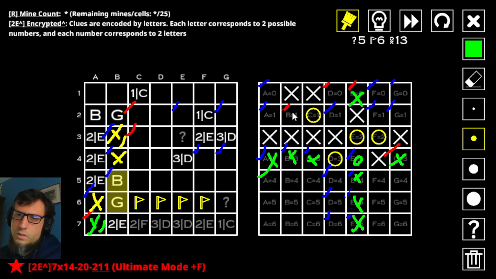Because now it'll be like, oh, B has to be 1, and these are gone, but G can't be 3 either. Yeah, so the point is E can't be 3, which means in this particular case, this is not a mine. This G has 2 right now. It's not allowed to be 2, so it needs a third one, and that means this G has 3. And guess what that does? Oh, B is 1 now.